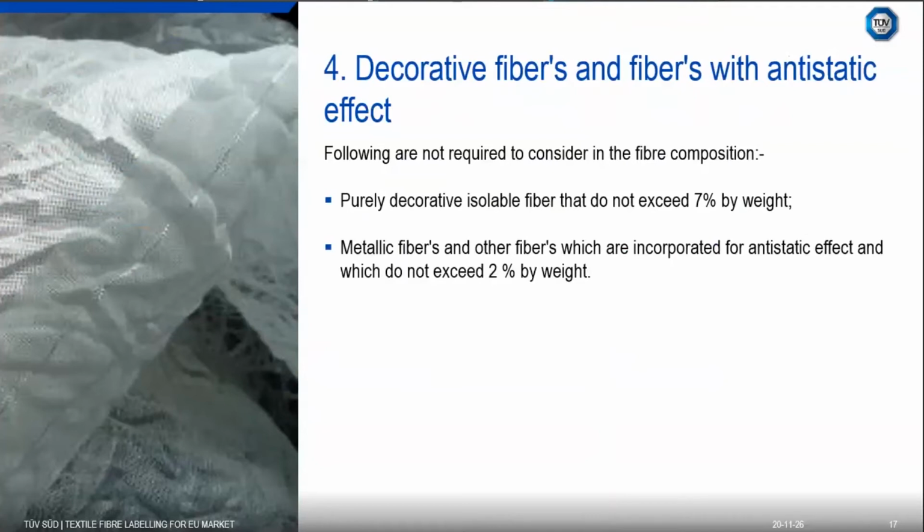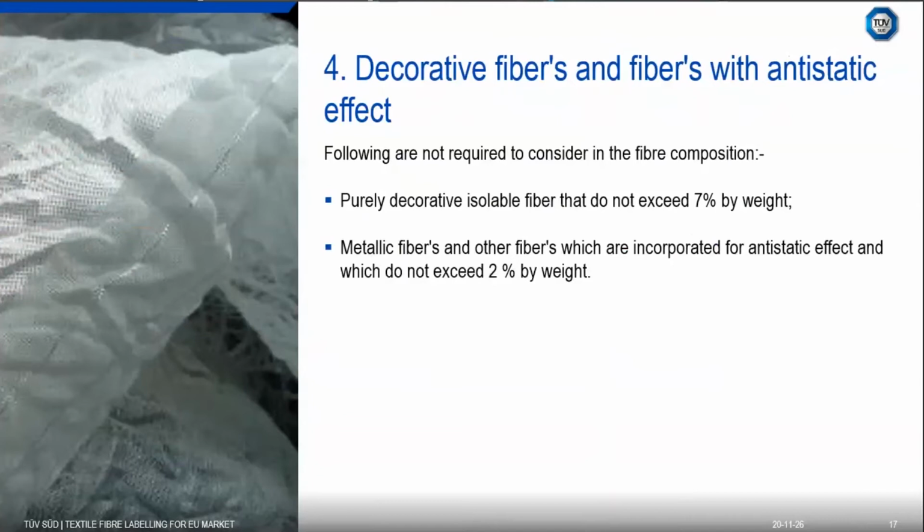Also, certain fabrics can have metallic fibers for the anti-static effect, and if such metallic fibers or similar fibers are used for the anti-static effect and are present at less than 2% by weight, that fiber also need not be considered in the fiber composition. So that can be excluded.